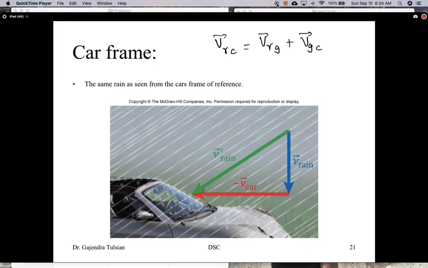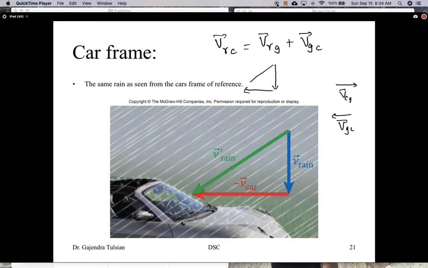So okay, rain with respect to ground, this is the vector that's straight down. Velocity of car with respect to ground is in that direction. So the ground with respect to the car is going in that direction.